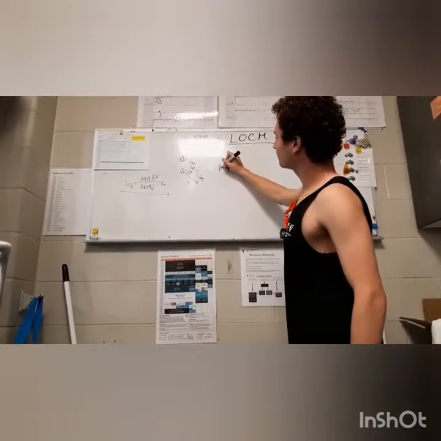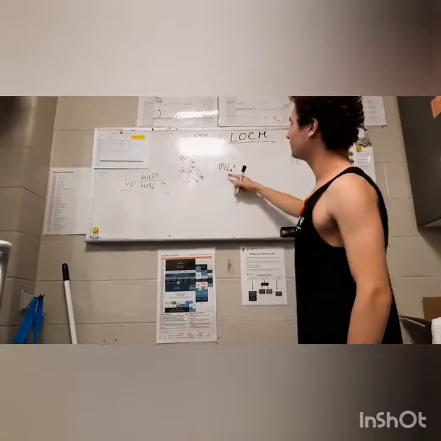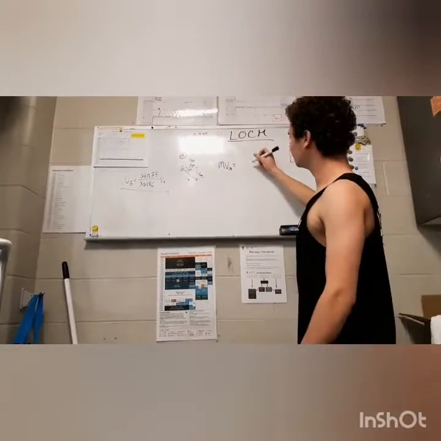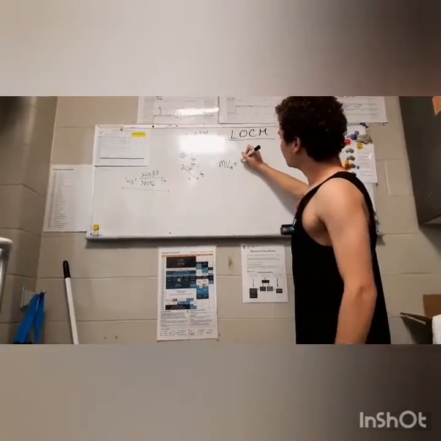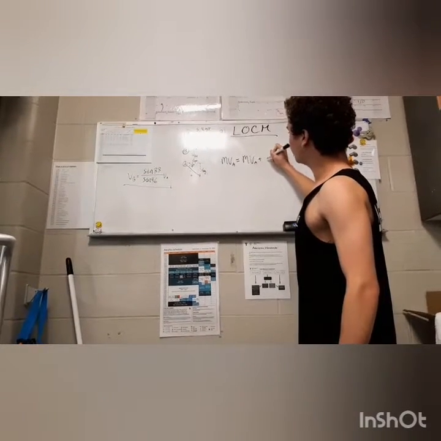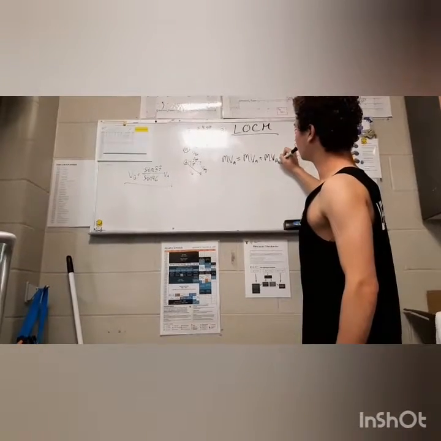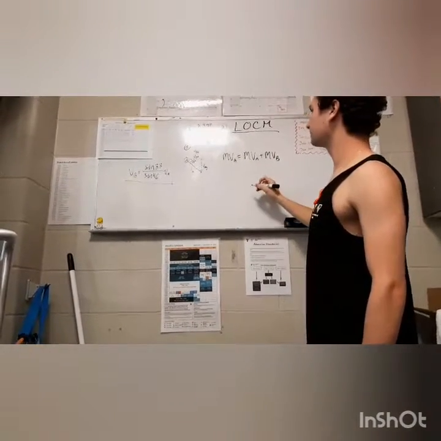So since our A puck was the only puck moving at the start, the B is negligible because it's 0. So the momentum of A is going to equal the momentum of A after plus the momentum of B after.